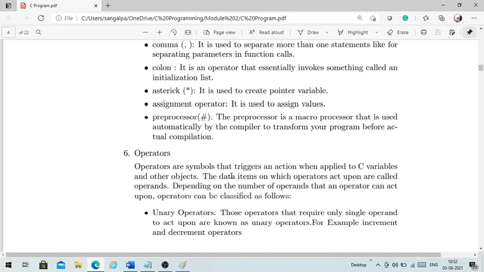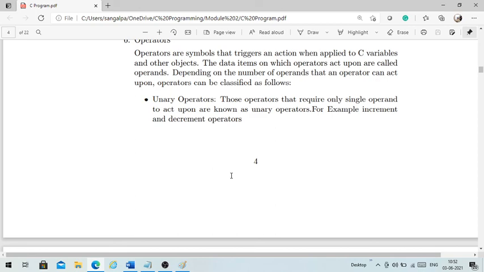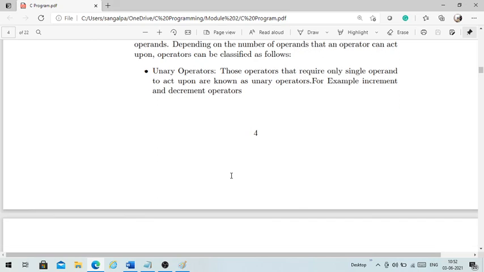There are different types of operators. Unary operators are plus plus, minus minus, and the negation operator. Even in -2, that minus is a unary operator. In +2, that plus is not an addition; it indicates a positive number, and it is a unary operator.